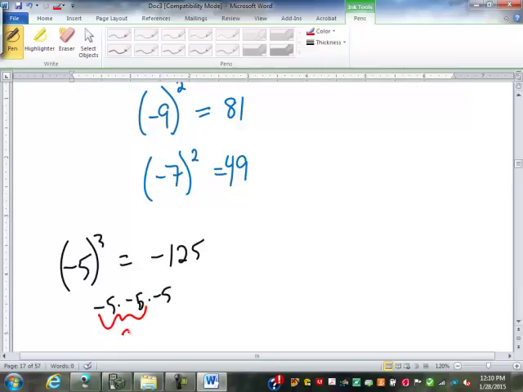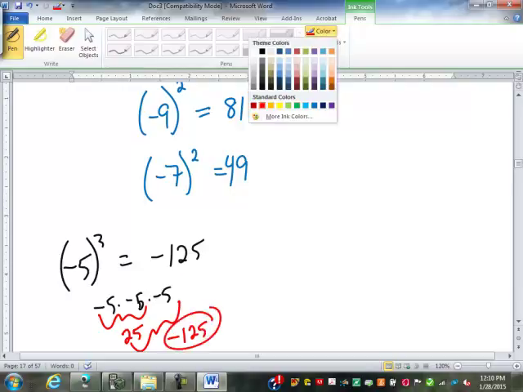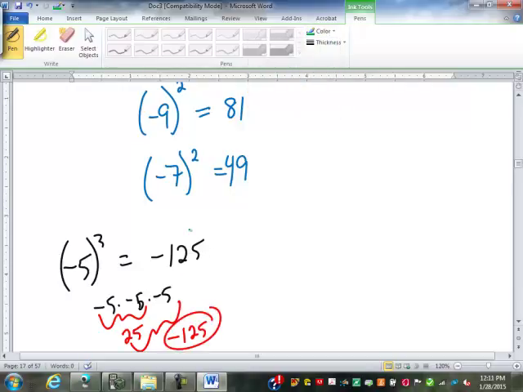Negative 5 times negative 5 is a positive 25. Times another negative 5 is a negative 125. So when it's to the third power, a negative number will give us a negative result because there are 3 negatives there. How about to the fourth power?